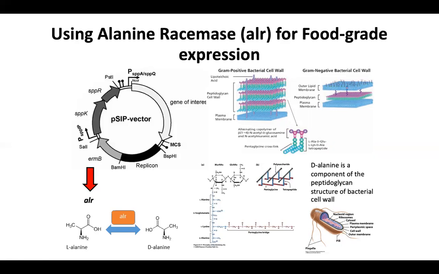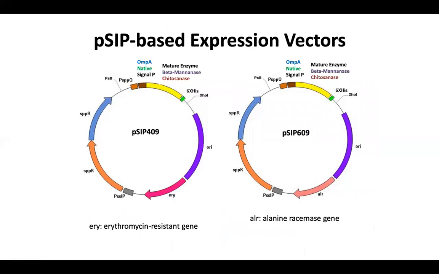All right, so my collaborator and I decided to use this alanine racemase as a way to select the bacteria. Basically, we have a pCIP-based expression vector. With the original one, pCIP409, you can do the selection because we did the selection with the erythromycin resistance gene.